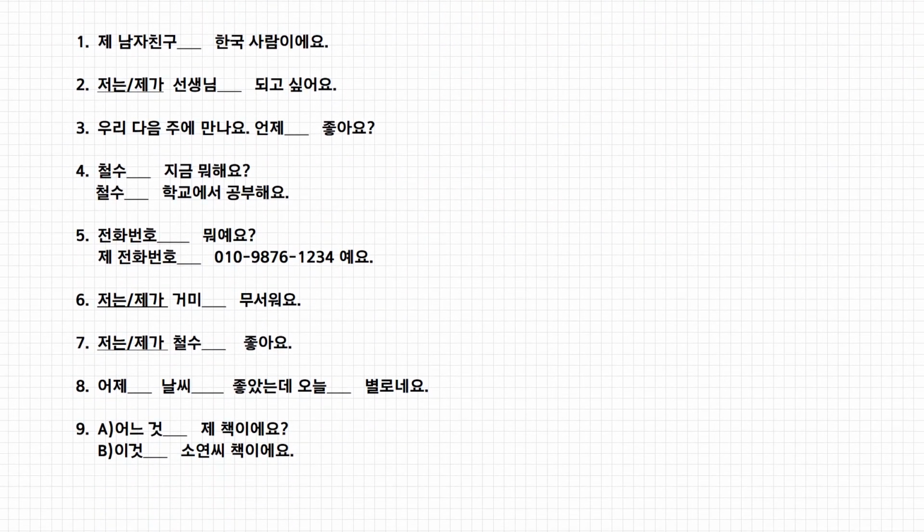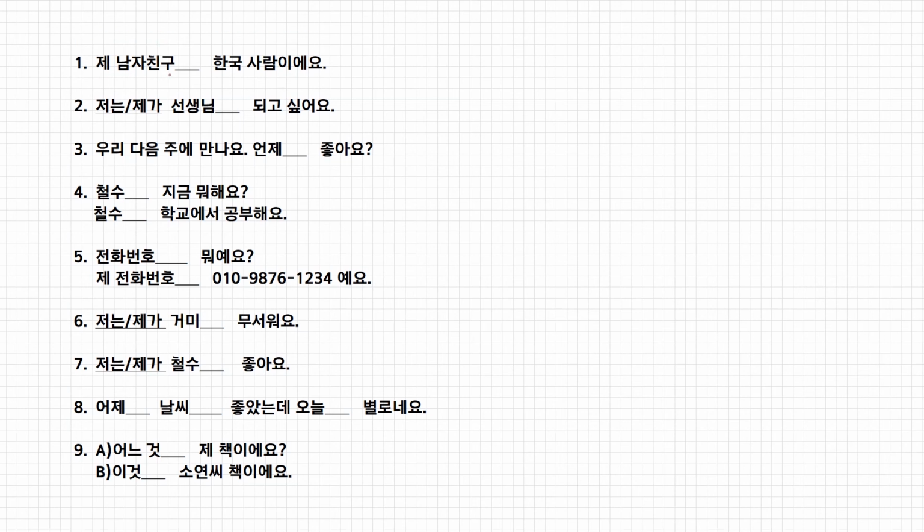Now it's time to check if you understood it or not. 제 남자친구는 한국 사람이에요. My boyfriend is a Korean. Here, 는 is correct because you're providing information about your boyfriend or you're introducing your boyfriend. 저는 or 제가 선생님이 되고 싶어요. 되다, become.